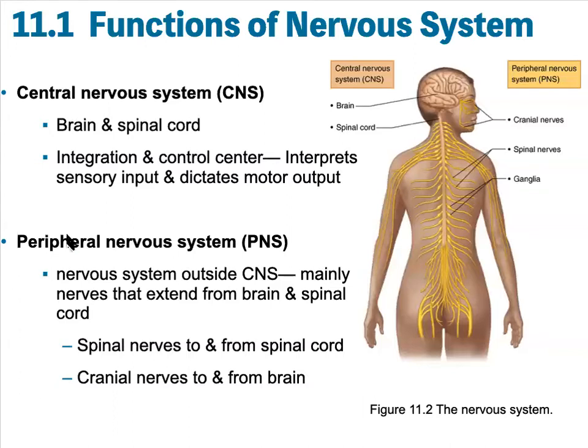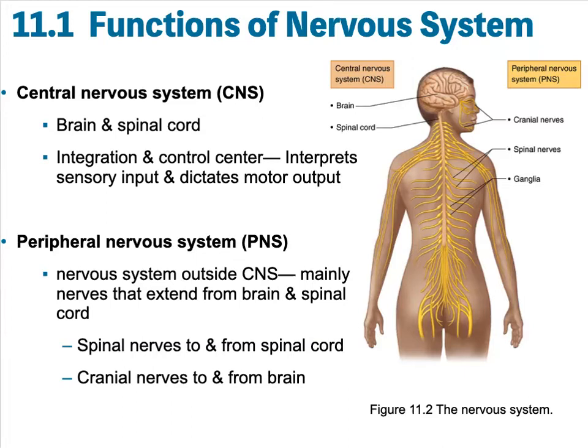On the other hand, the peripheral nervous system is the part of the nervous system that lies outside the CNS. So the PNS consists mainly of nerves as well as ganglia. So recall from anatomy, nerves are bundles of neuronal axons, whereas ganglia, okay, are clusters or collections of neuronal cell bodies.